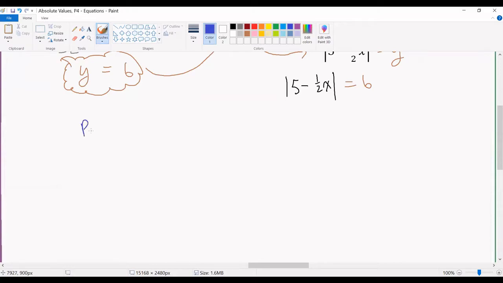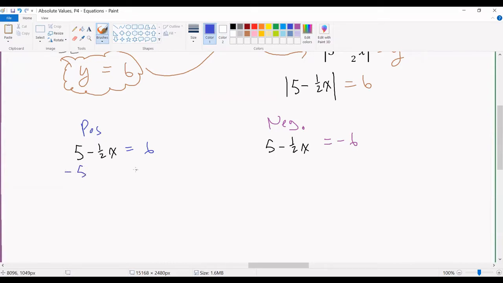Now we have the positive version is going to be 5 minus 1/2 of x is equal to 6. Similarly, the negative version will be 5 minus 1/2 of x is equal to negative 6. So now we can solve for our x values.